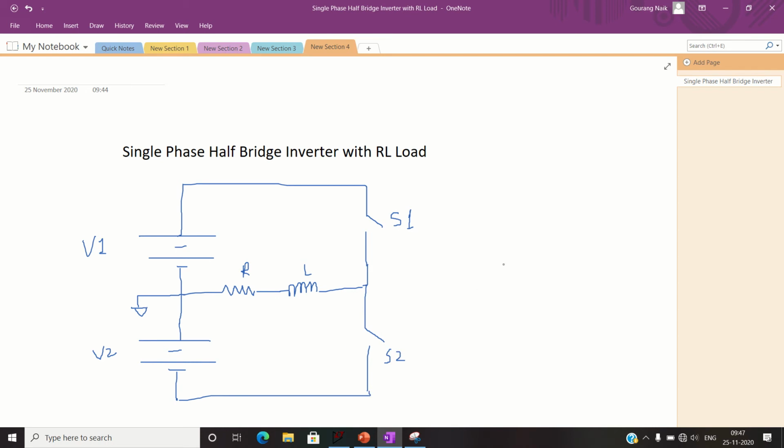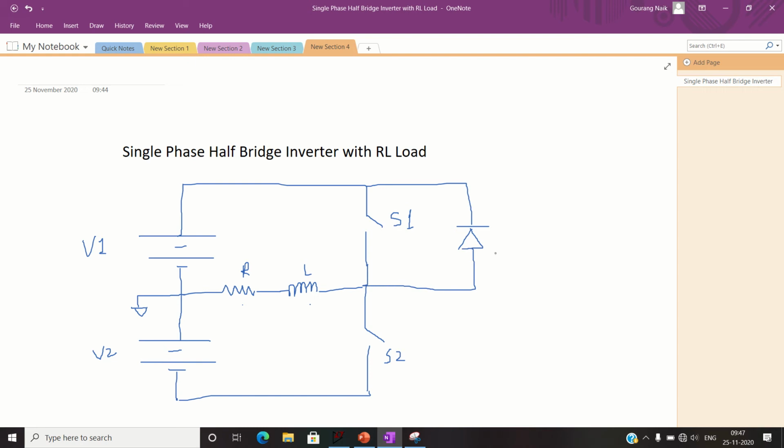So the difference between the last circuit with resistive load and this circuit with RL load is that you will have an R and L. Now with this L, when you have an RL load, you will have to add two feedback diodes, which will help you to pass opposite current.